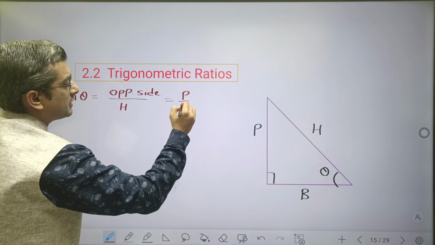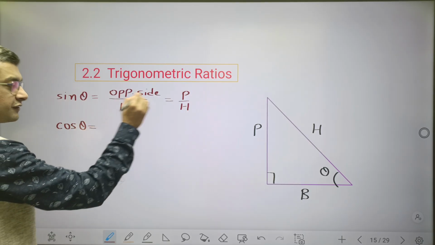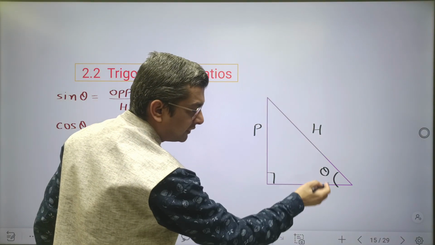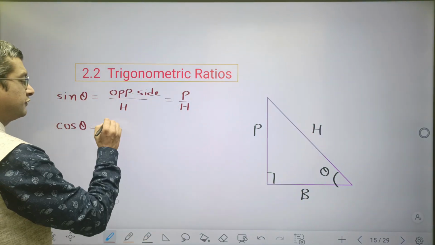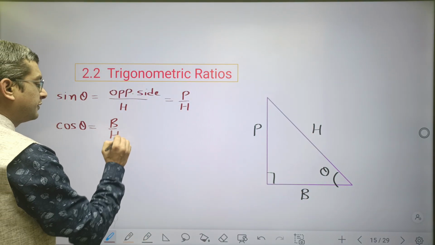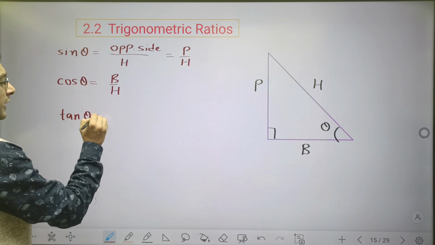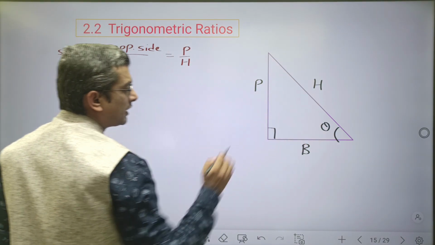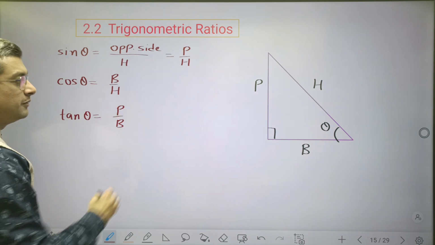So this is P by H. Cos theta is adjacent side by hypotenuse. The adjacent side to angle theta is base, and this is H. So this is B by H. The third one is tan theta. Tan theta is opposite side by adjacent side, that is P by B.